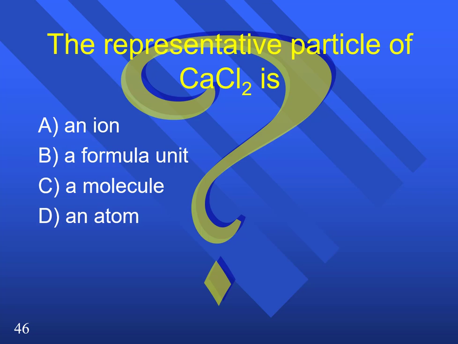No, because it's got 2 capital letters. Okay, so we have to decide what that first capital letter is. That first capital letter is calcium, which is a metal. And since it's a metal, it's ionic, which makes that a formula unit. Okay.